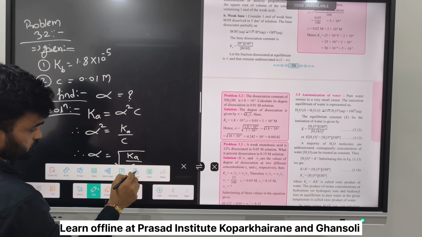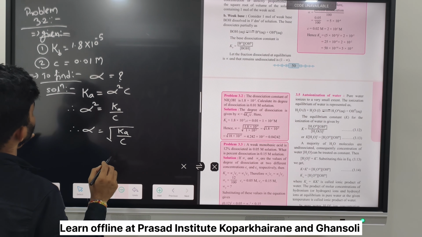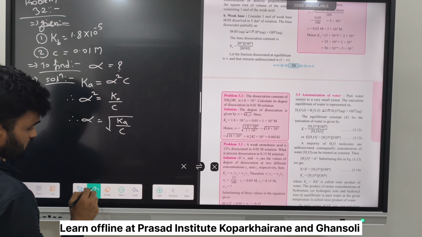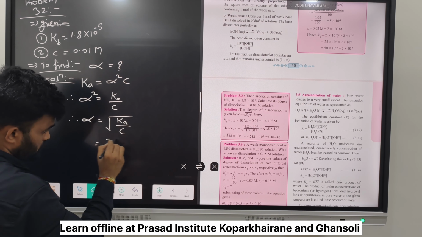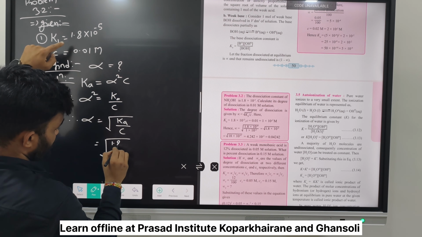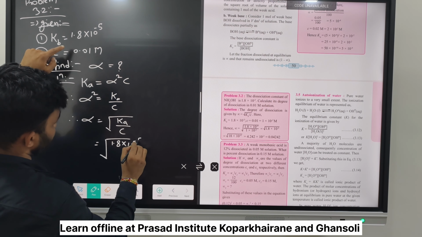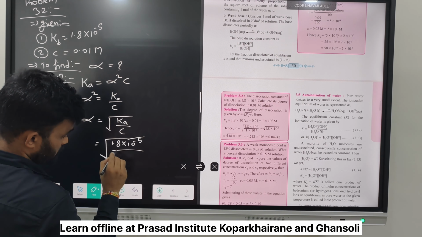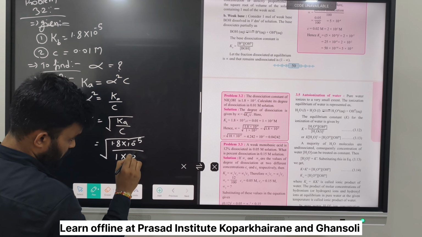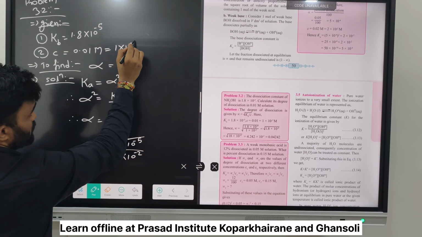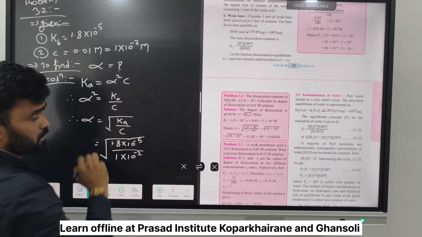Under root of, what is the value of Ka? 1.8 into 10 to the power minus 5. What is C? Let us write it as 1 into 10 to the power minus 2 molar.